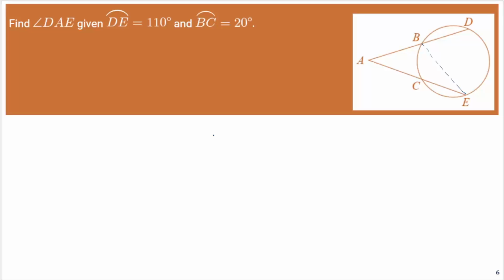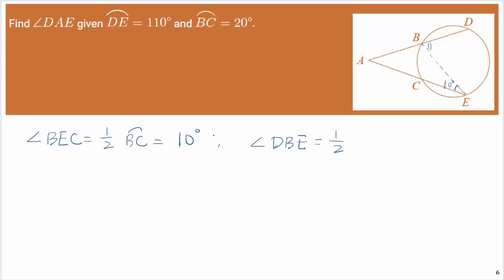Therefore, in that case, we have angle BEC should equal a half of arc BC, right? Which is 10 degrees. And also, the angle here, okay, first of all, we know this angle is 10 degrees. And the angle DBE is inscribed in the arc DE, right?